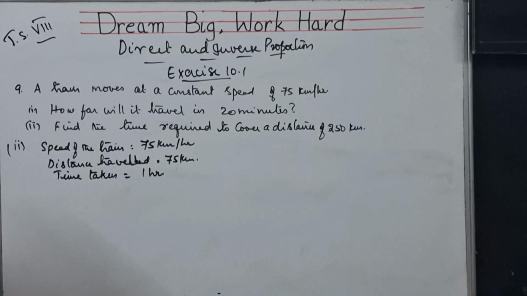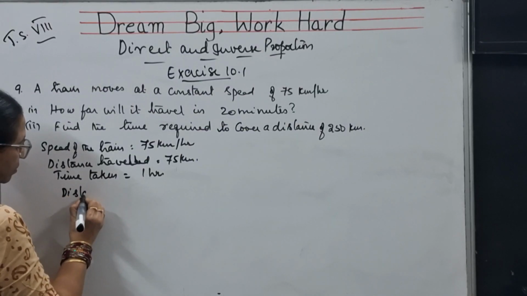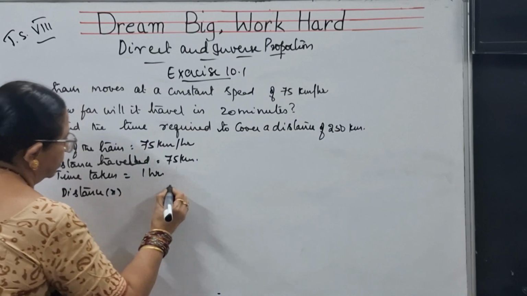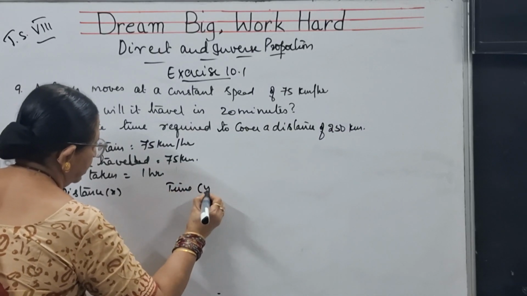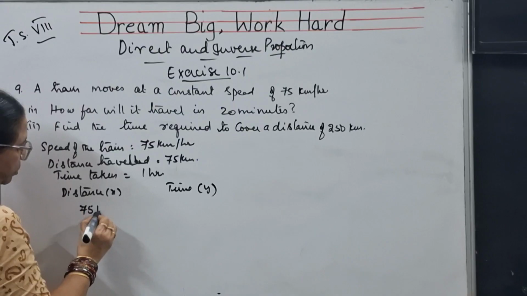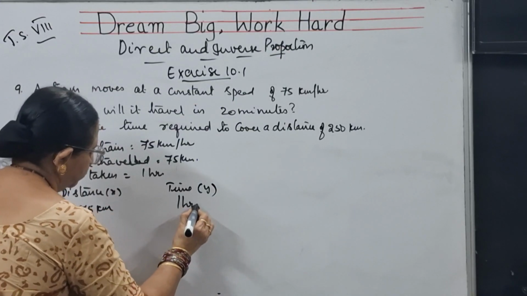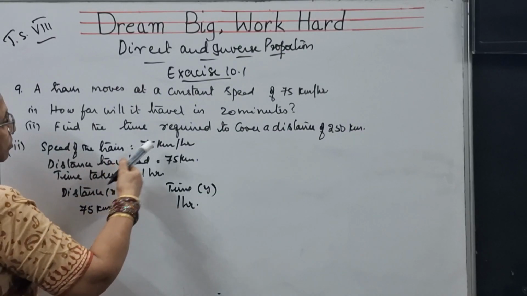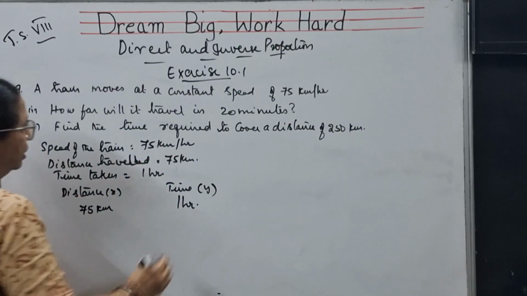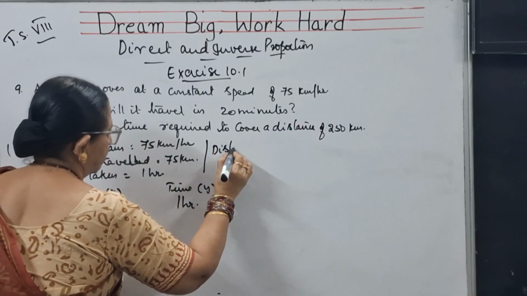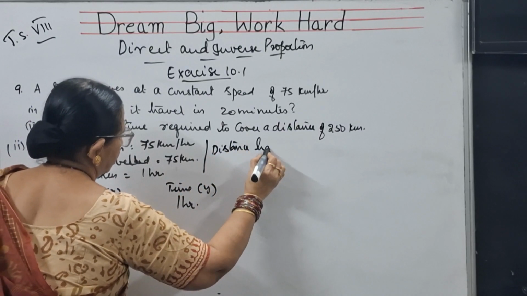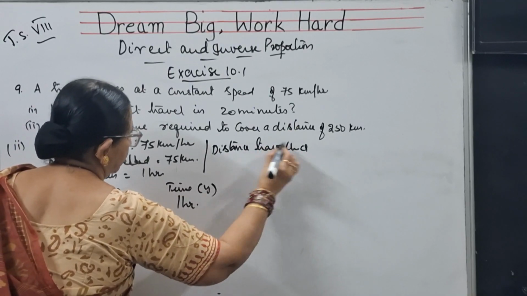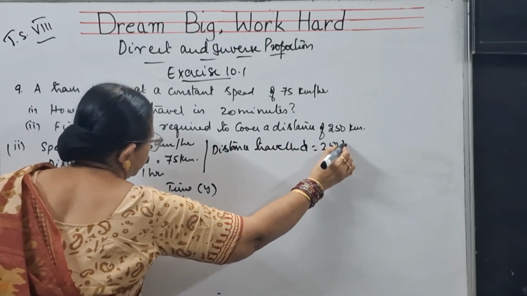Now second bit, children, find the time required to cover a distance of 250 kilometers. So when you take distance as x and time as y, 75 kilometers, it takes 1 hour. To cover 75 kilometers, 1 hour it takes. And in this problem, the distance traveled they have given as 250 kilometers.